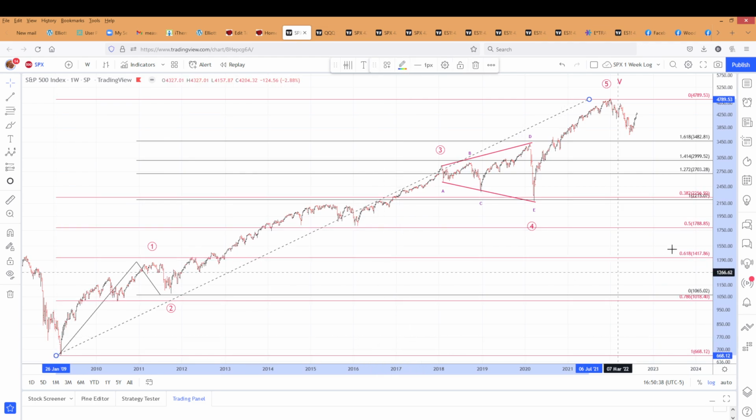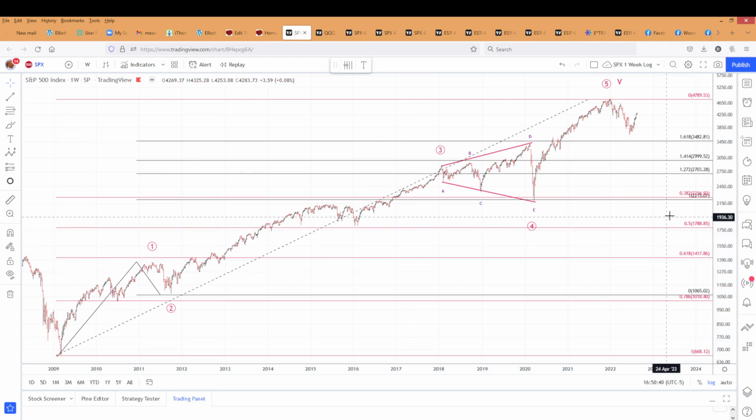That's fairly close. You can see the 382 here is at 2256, and that's right in the previous 4th wave of one lesser degree. That would be a perfect retracement if it is retracing the 5-wave advance from the 2009 low to the 2022 high.